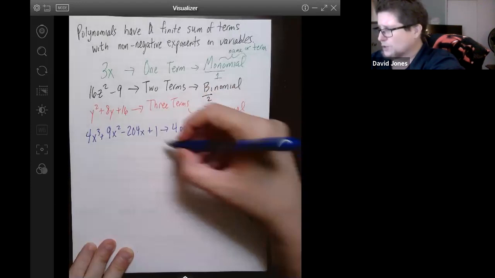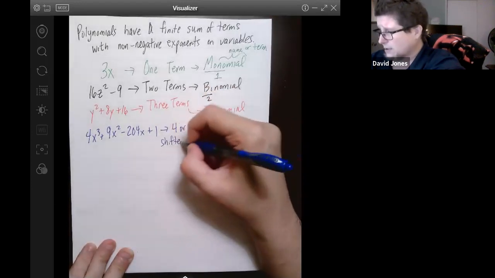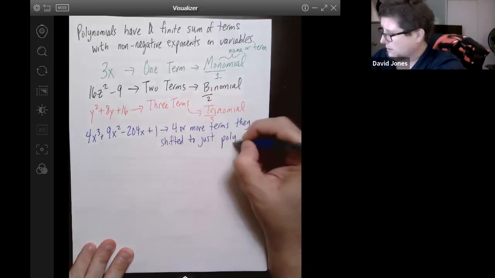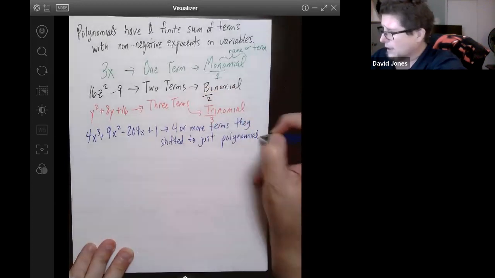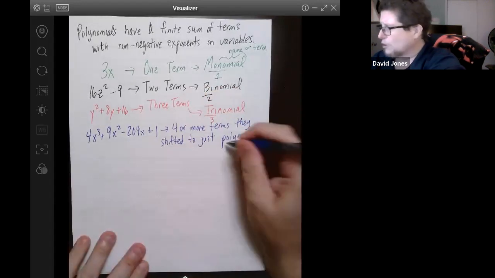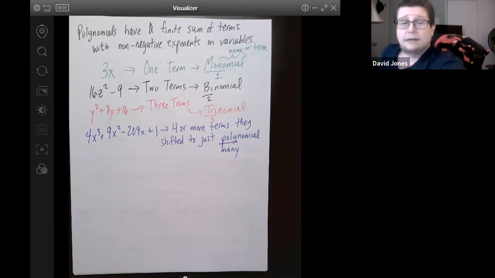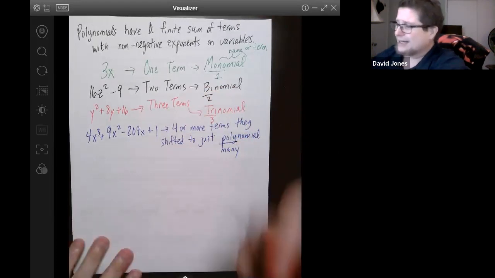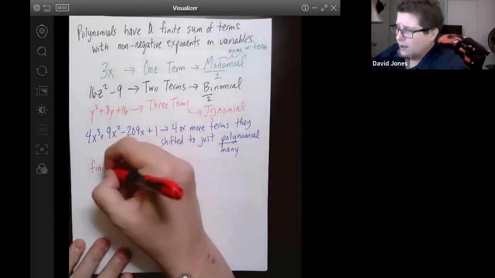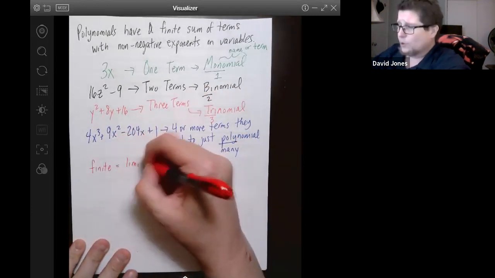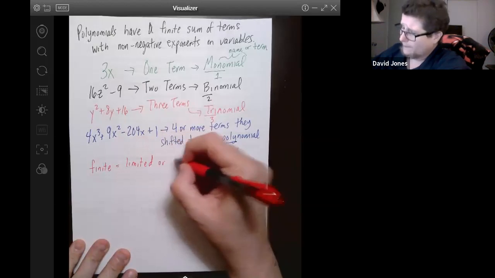They shifted to just polynomials, as the name. And the reason why, poly means many. Okay. The number of terms matters. I did say it was a finite sum. Recall, finite was a limited or fixed amount of terms.